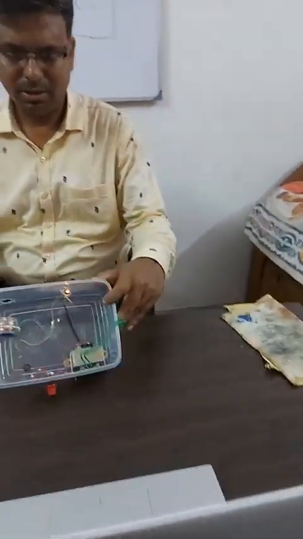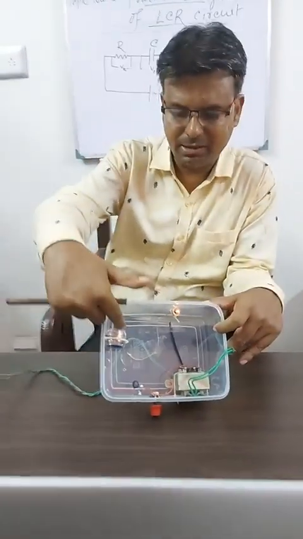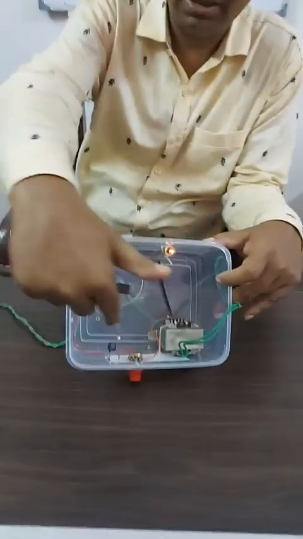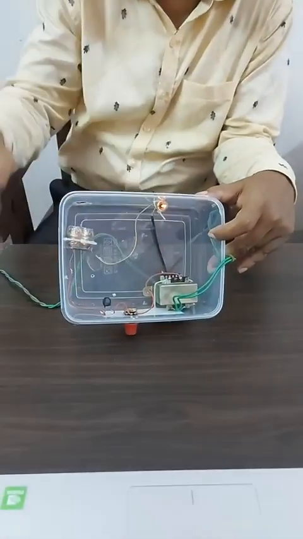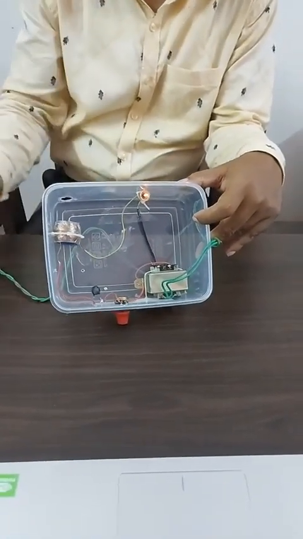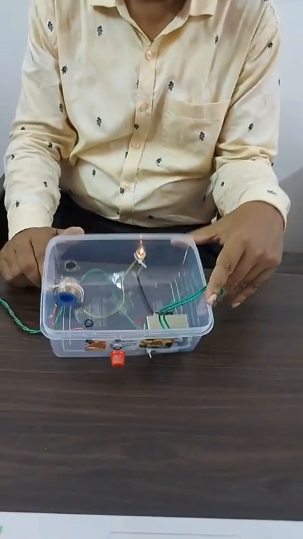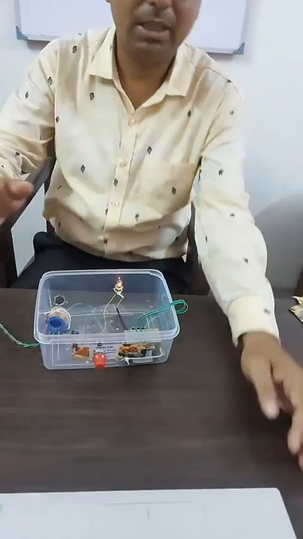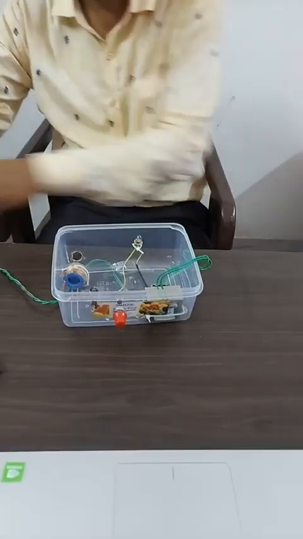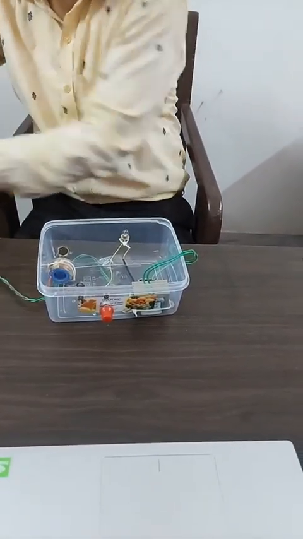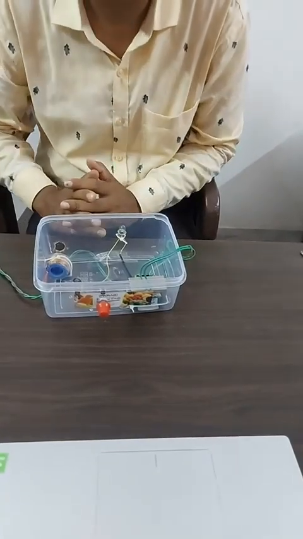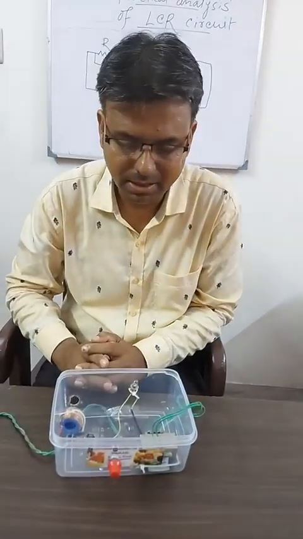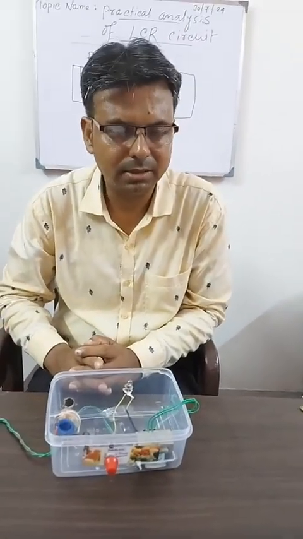So here is the inductor part, here the capacitor part, here the resistor part. The total TLM is composed of resistance, capacitance and inductance.